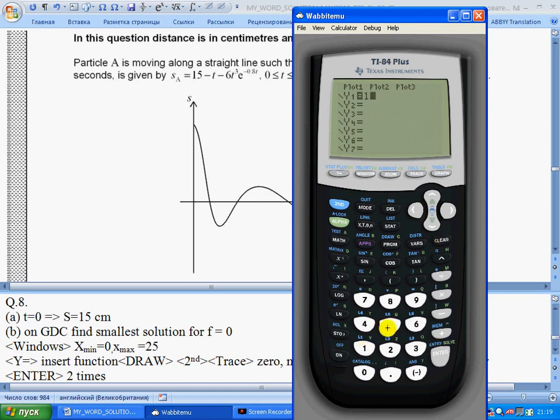Now we have 15 minus x minus 6x to the third power, e raised to minus 0.8x.